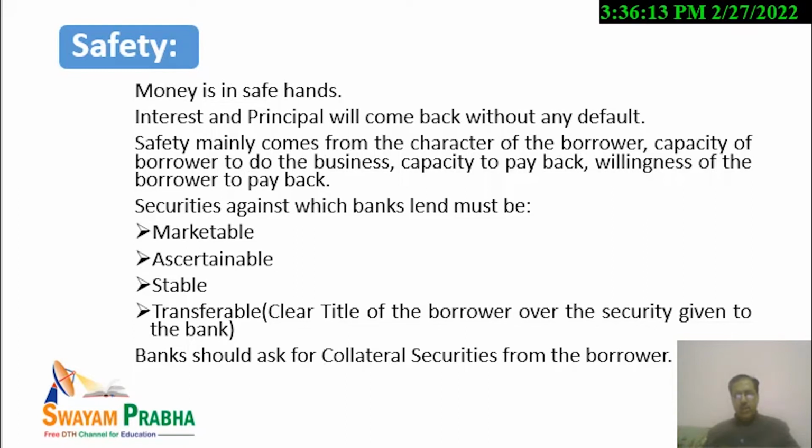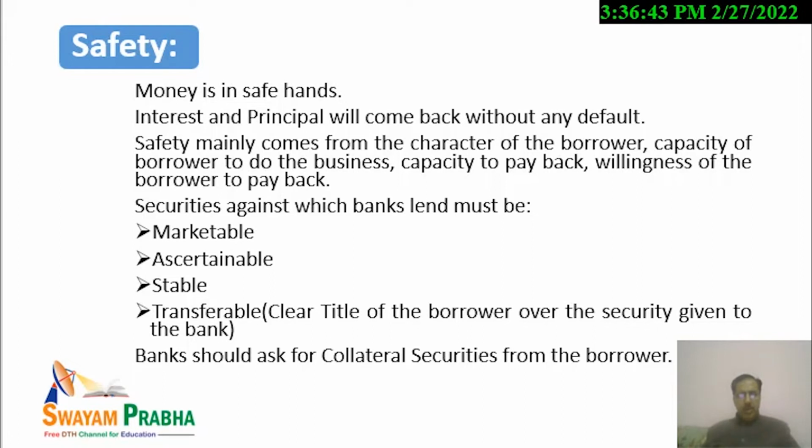It may be an individual or even some corporate house or company; their willingness to pay back is also very important. And the collateral securities offered by those persons should also be kept in mind, and it is also very significant.